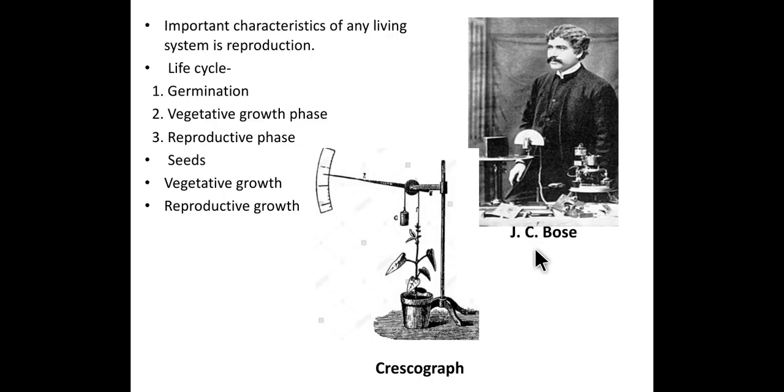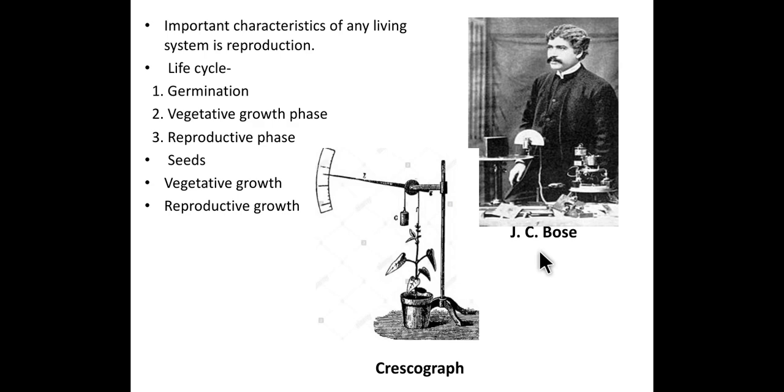An important characteristic of any living system is reproduction. In the life cycle of a plant, there are three important phases: the germination or seedling phase, vegetative growth phase, and reproductive phase.